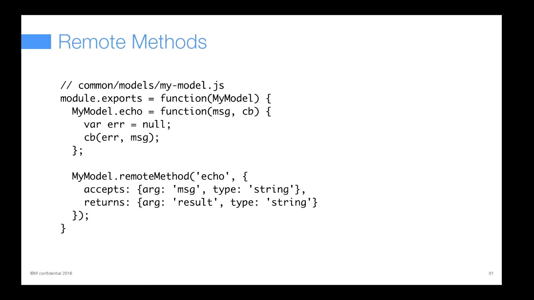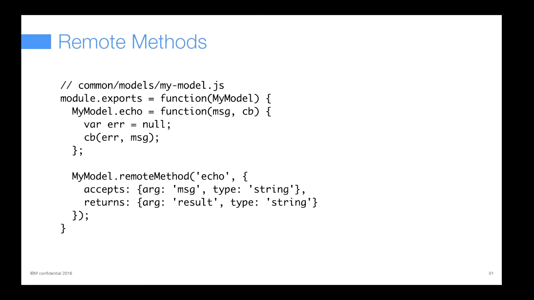In this example, we're manually defining a remote method which takes an argument called message, msg, and it returns an argument called result. When you call this method, it just returns the data that you gave it. That's why it's called echo.